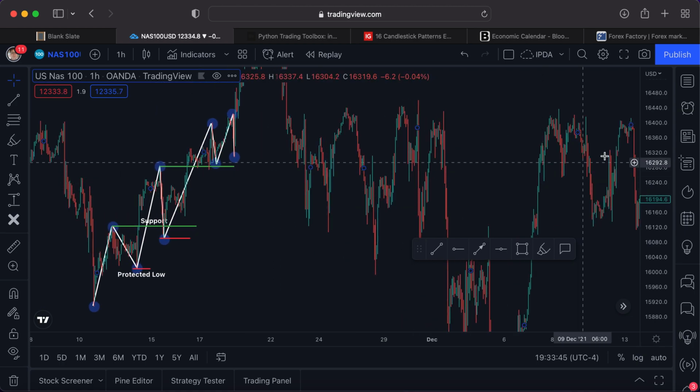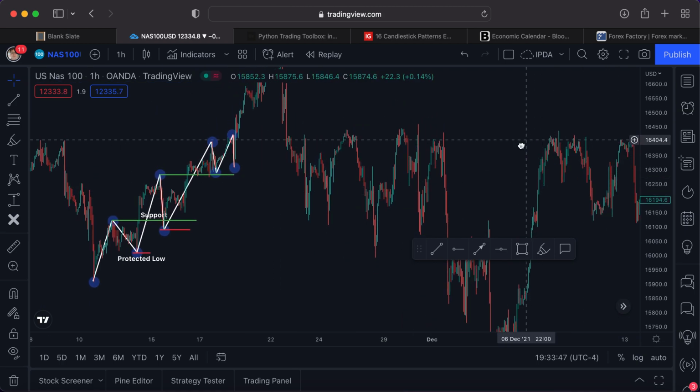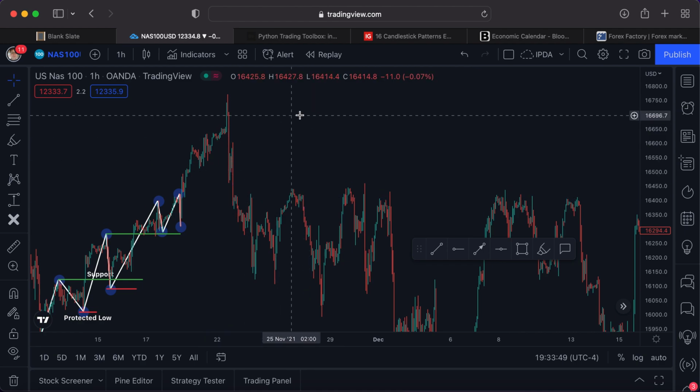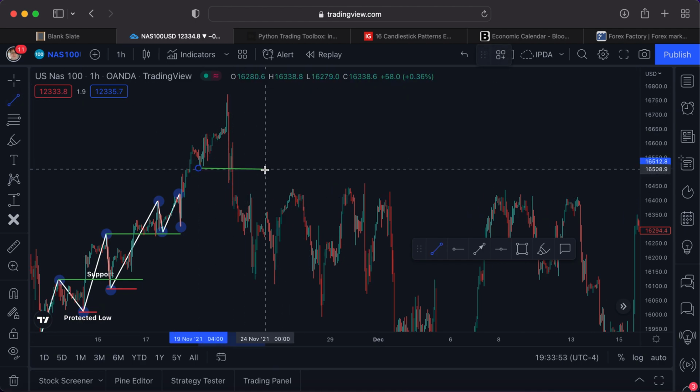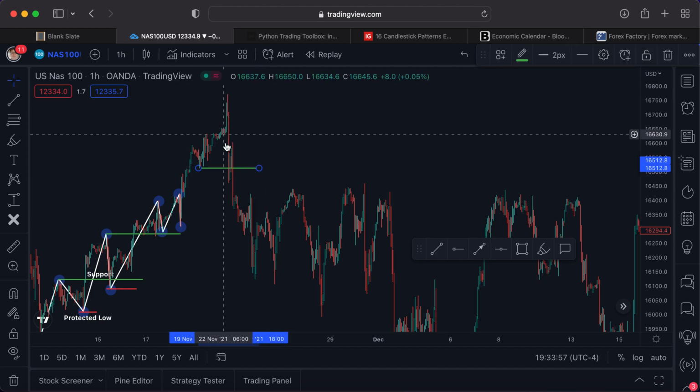This is a little swampy, but you can see. Let's go ahead and mark this. So this low, right? Once the market broke down strongly past it, right, became resistance.